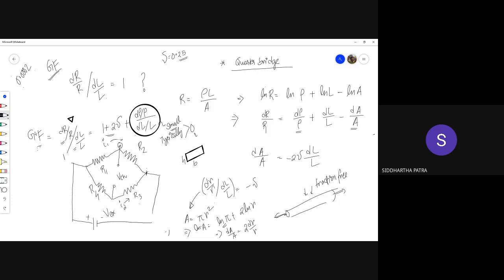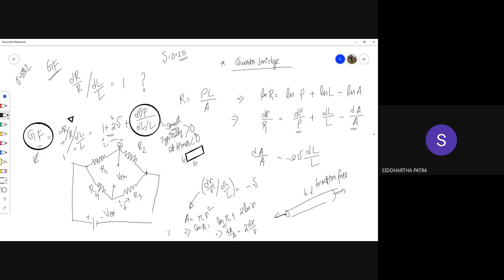So a calibrated gauge factor is required. Okay. So this may be small, but maybe not negligible. It is typically greater than 0, and at times also less than 0. So let it be there.